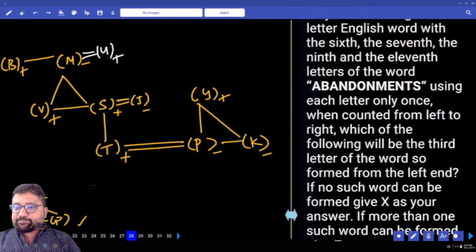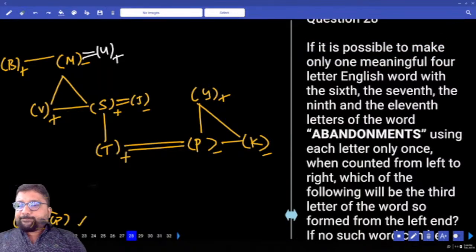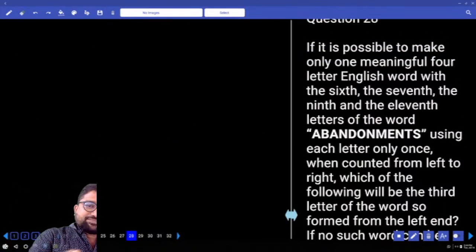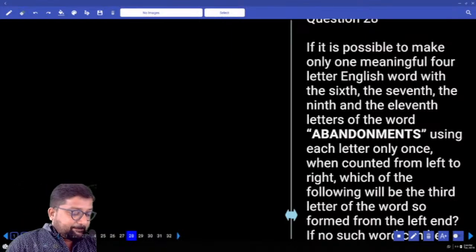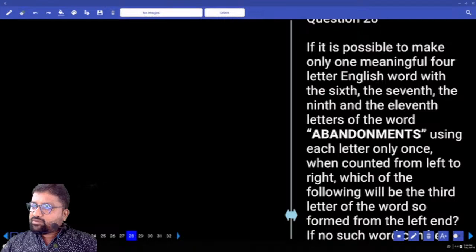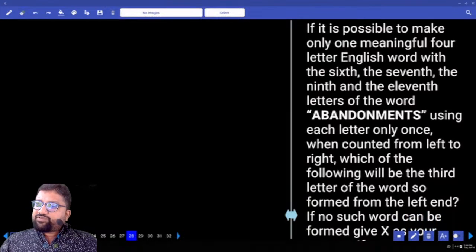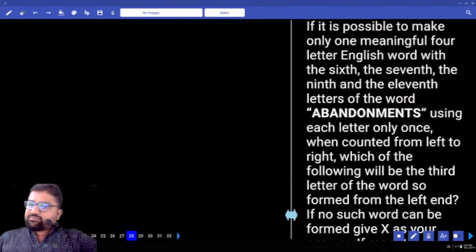28. If it is possible to make only one meaningful 4-letter English word with the sixth, what is the sixth?